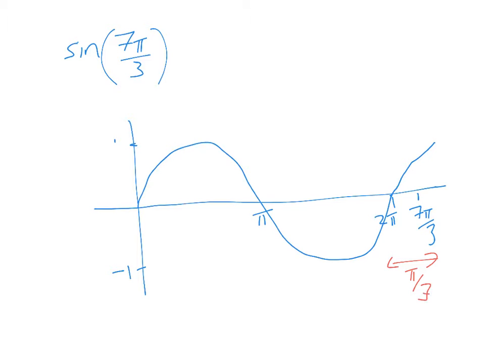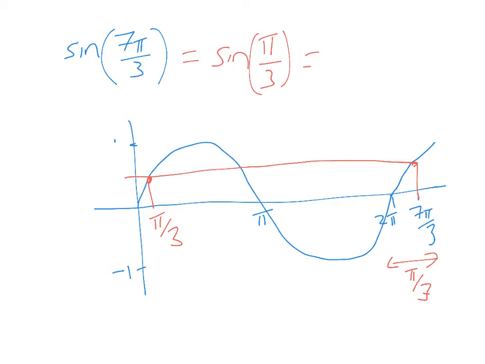So, well, what's this value? This value here has got to be the same as sine of pi over 3. Just looking at the pattern of the graph, sine of 7 pi over 3 equals sine of pi over 3.